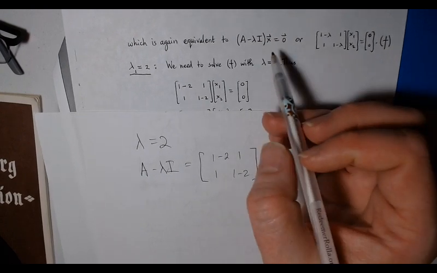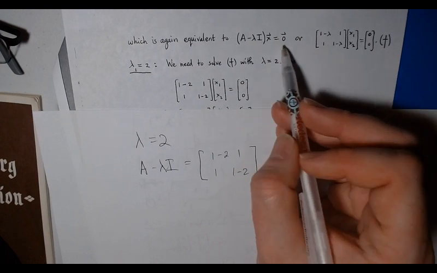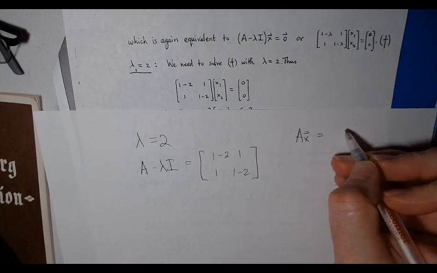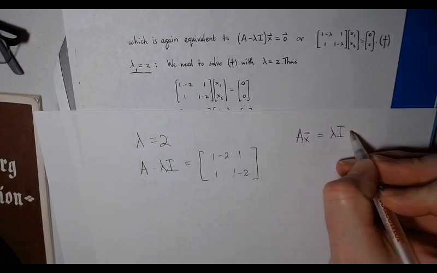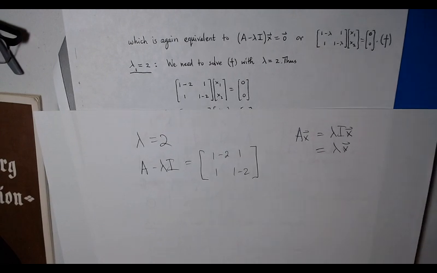And so we're solving A minus lambda I times x equals 0. And why does that work? Well, because that's Ax equals lambda I x, which is the same as lambda x. That's the equation we said it needed to solve.